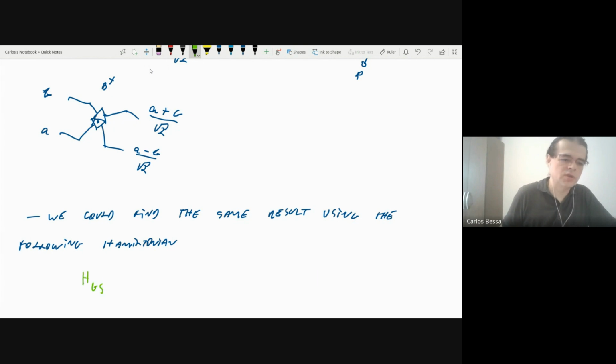So H for the beam splitter, he defined initially in this way: i theta (A B dagger minus A dagger B).